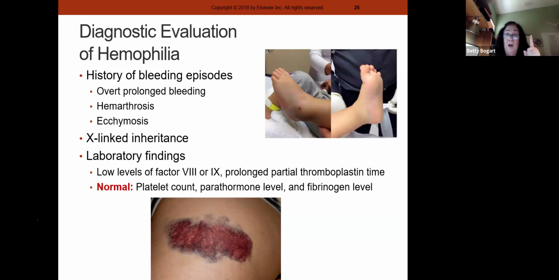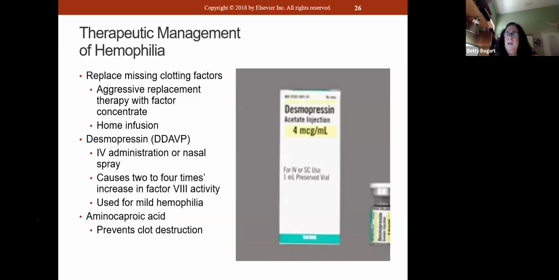So if we see prolonged PTT, they're not on heparin or anything, something's going on, you can probably say it's hemophilia, and then find out if it's 8, 9, von Willebrand's, and then they can treat it completely. So kid falls down, and he's hurt himself. He's hit his knee, and it's swelling, and it's painful. What do you do? Well, patients are taught how to give this at home. There's some IV, there's some intranasal, but the one thing that we do give is the factor.